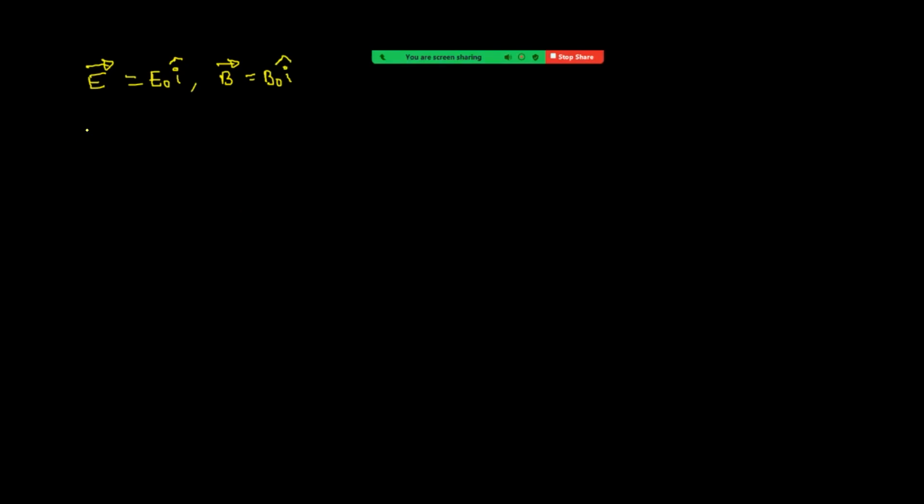Velocity vector is V naught j cap. So we have to find at what time speed becomes 2 V naught. So this is now the given data. Both fields are along x-axis, velocity along y-axis.